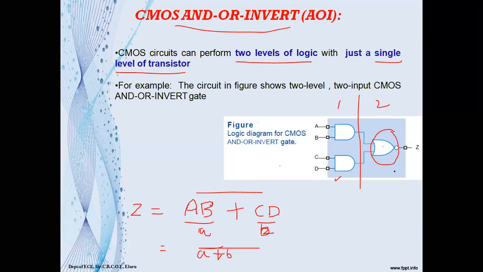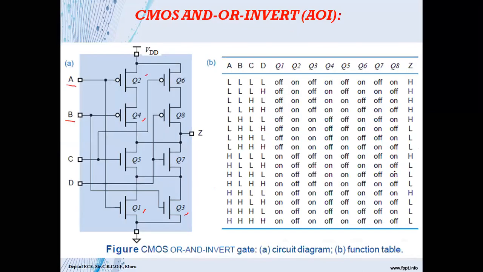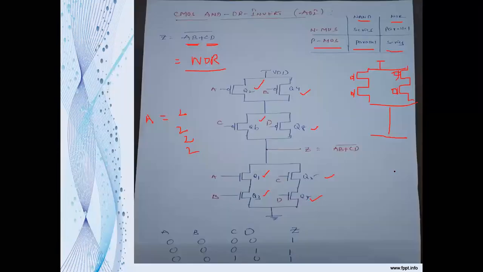So did you understand this CMOS AND-OR-invert? Yes, sir. So can you guess now how we can implement an OR-AND-invert gate?